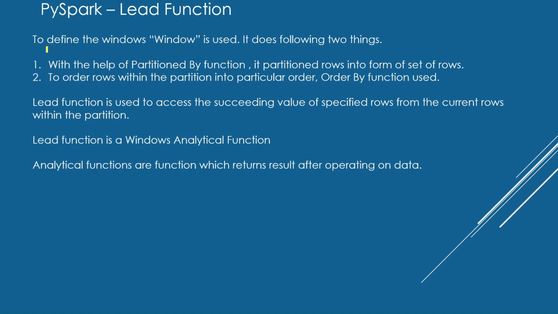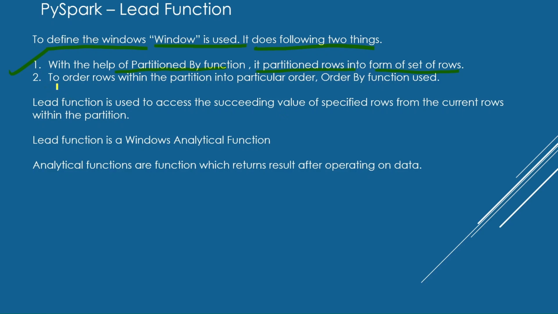So lead function is a window function, right? To define a window function, we use Window. And whenever we want to define the window function, generally we do two things. First, with the help of the partitionBy function, we partition the rows into sets of rows.